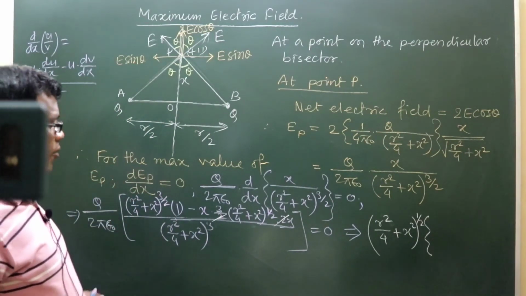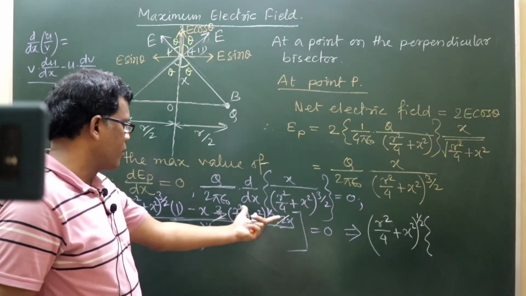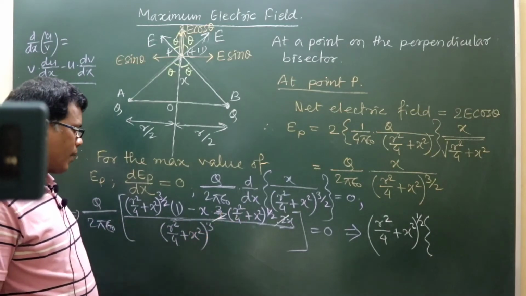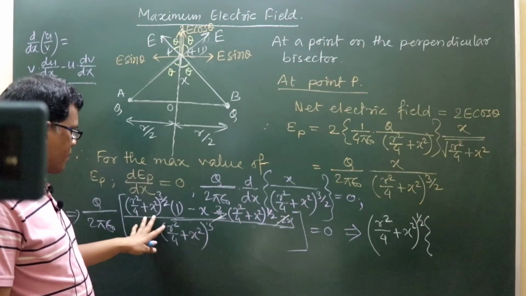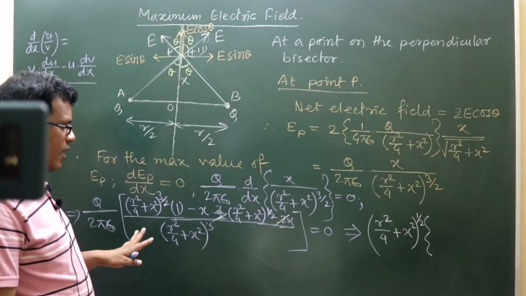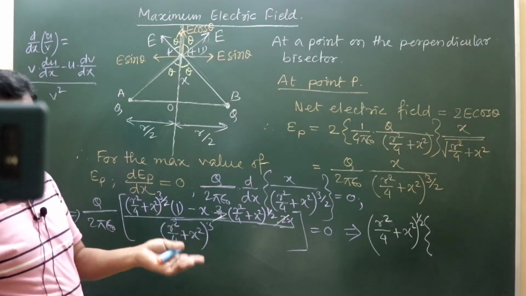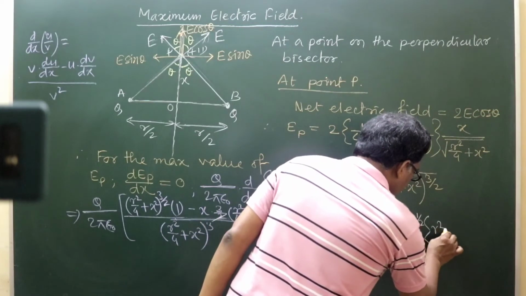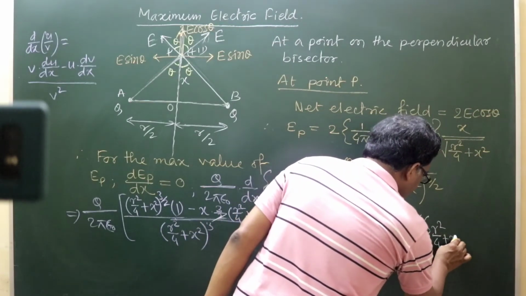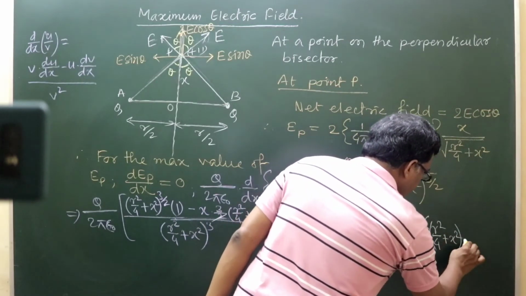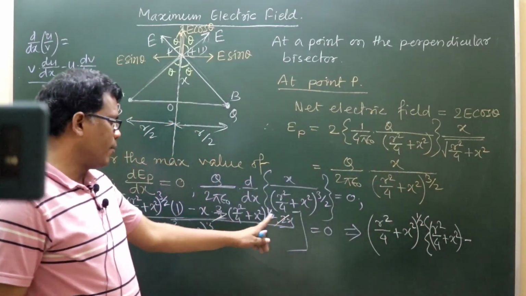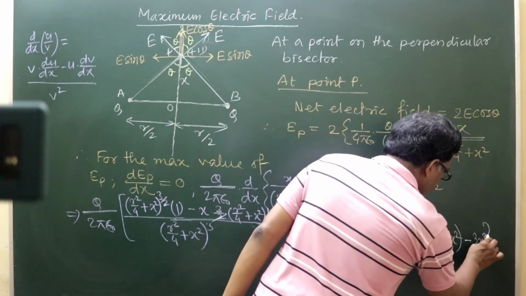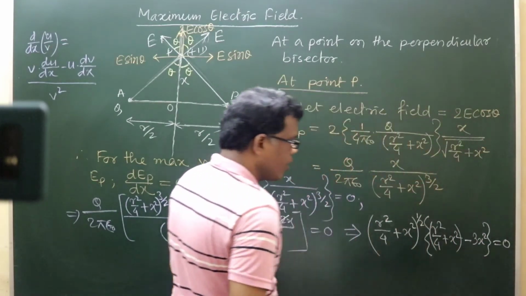For comparing to 0, the possibility can only come from the numerator part after getting this derivative. So the rest term will be r square by 4 plus x square minus, from the second part, 3x square, that is equal to 0.